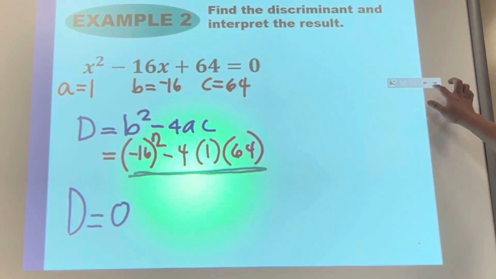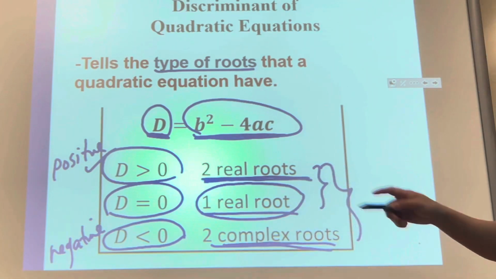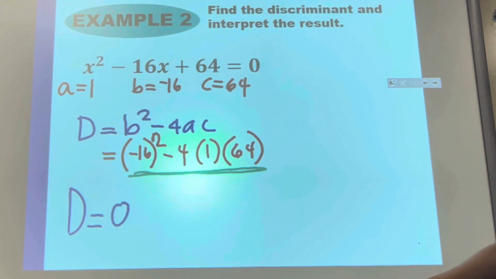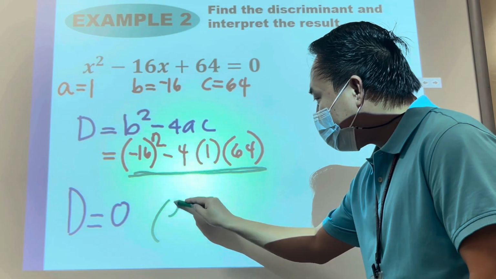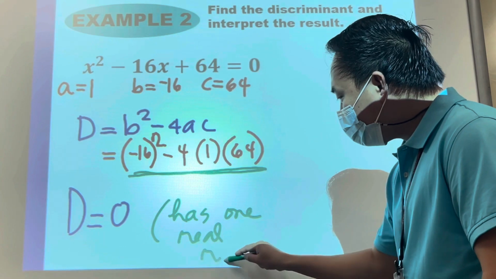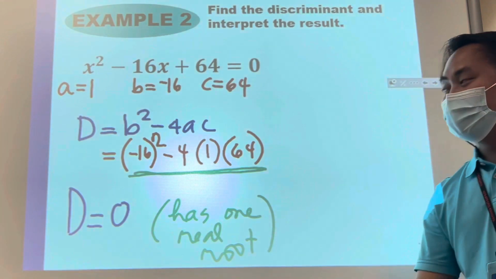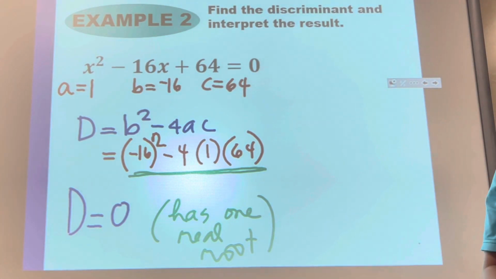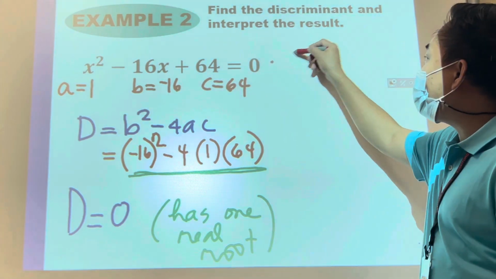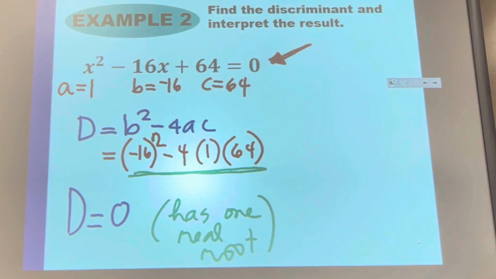Okay, so how do we interpret if D is 0? It means it has 1 real root. So the description here is it has 1 real root. What does this mean? It means if you use the quadratic formula here, you will only get 1 answer that has no imaginary numbers.